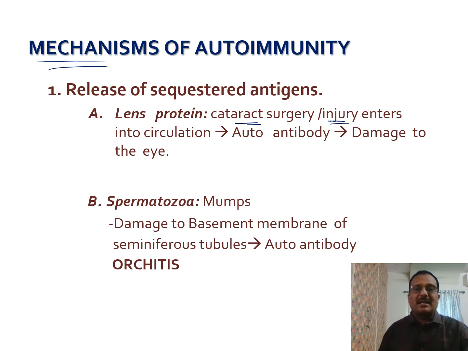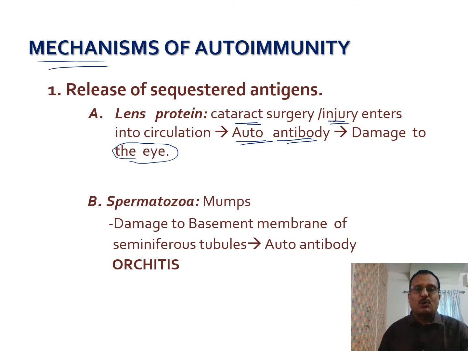Before that, the lens protein was not exposed to the immune system to recognize it as self antigen. It's getting exposed to the immune system for the first time, so the immune system will react against the lens protein and produce antibodies. These antibodies are produced against our own lens protein, so they are known as autoantibodies, and these autoantibodies will damage the eye.